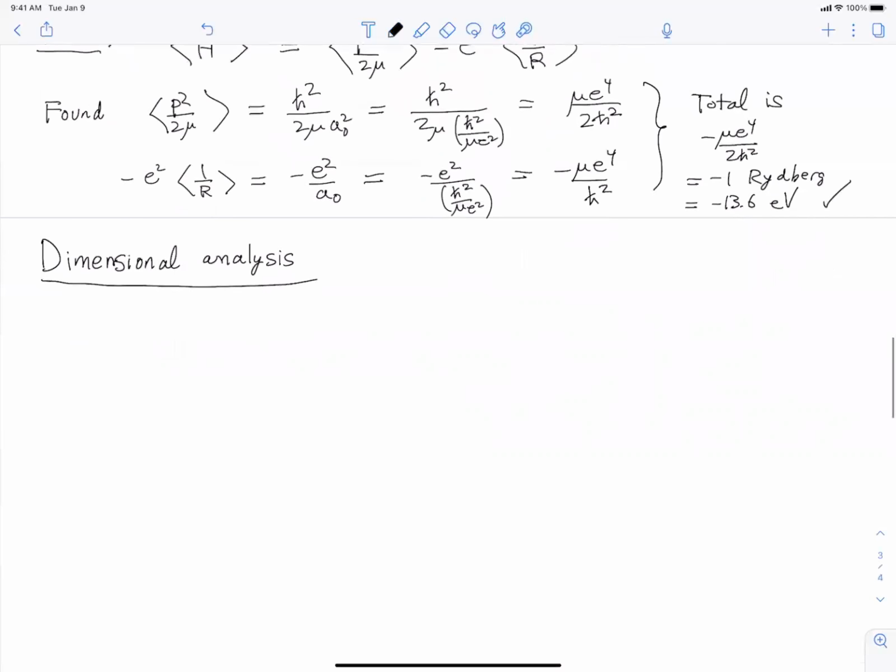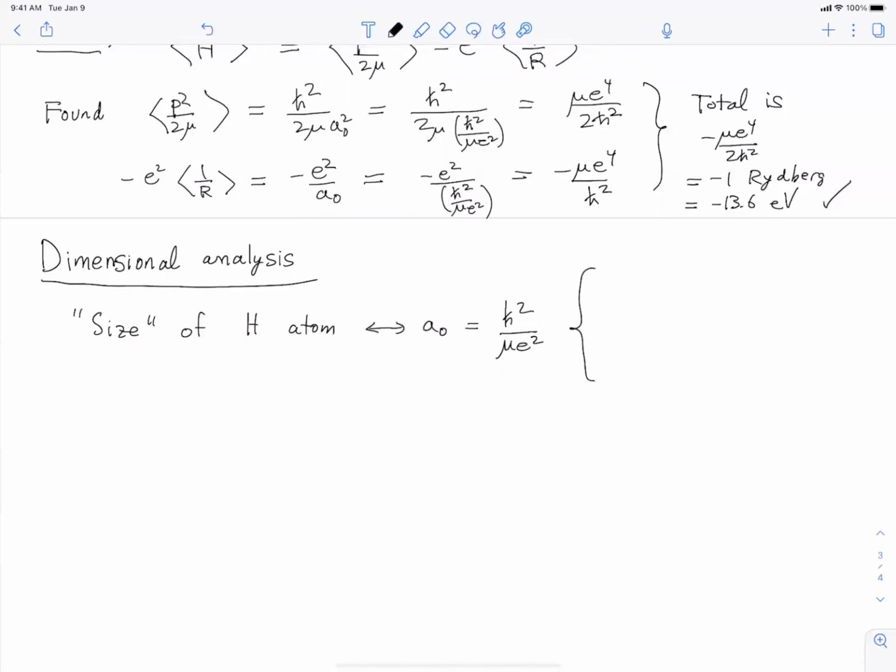So if you were to estimate the size of the hydrogen atom, which is given by this Bohr radius, h bar squared over mu times e squared, one way of thinking about it is that it's a quantity you can form that has units of distance, built out of the quantities in the problem, namely h bar, the mass of the electron, and the charge on the electron. And it satisfies what you might expect.